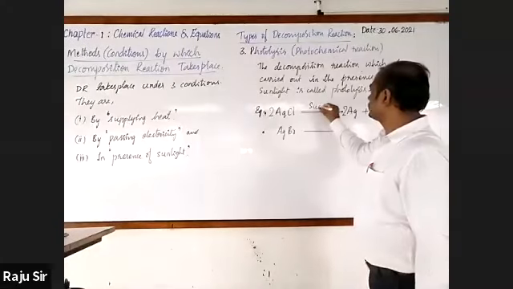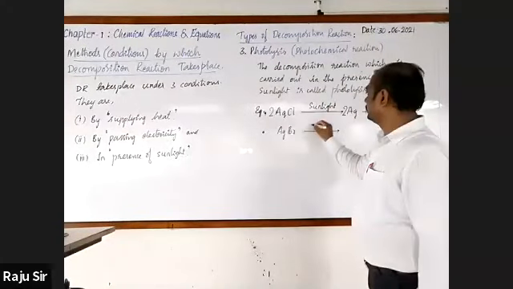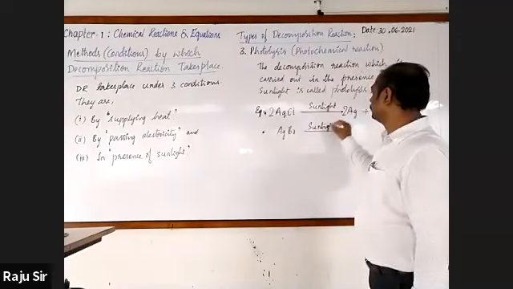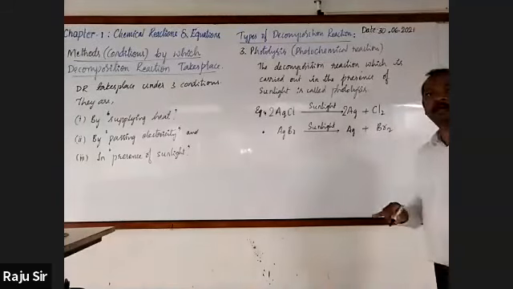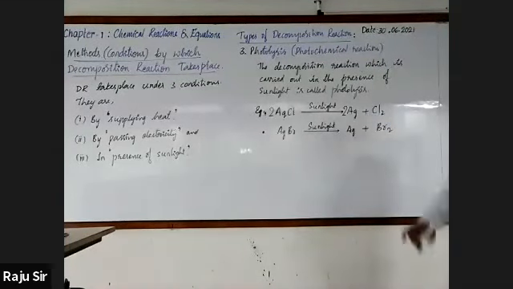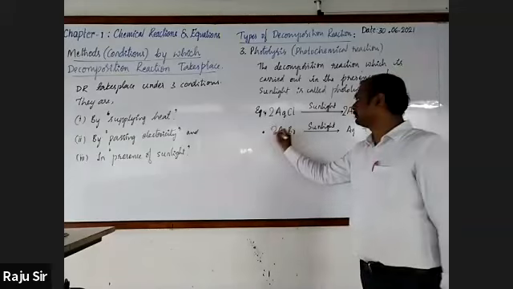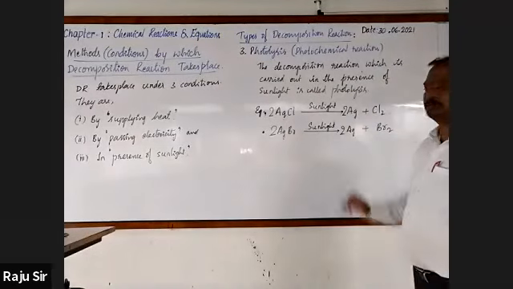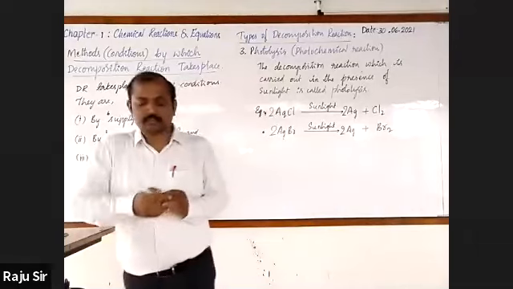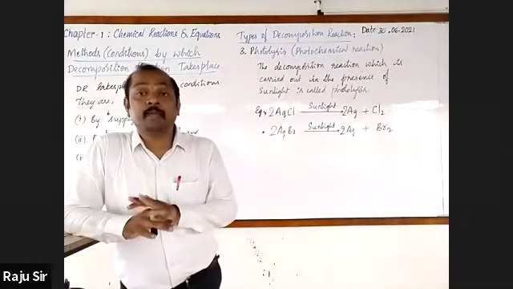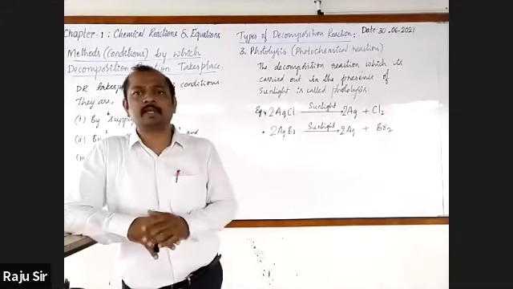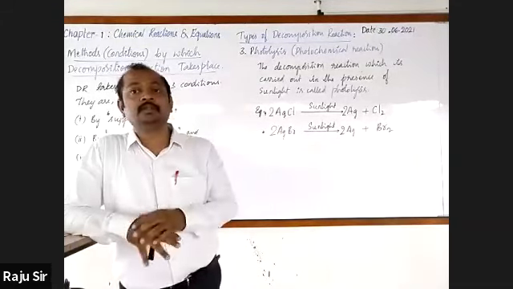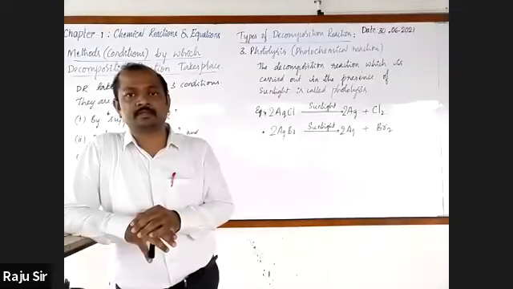In the presence of sunlight, it decomposes into silver and bromine. Balancing again, it is 2, here is 2. These reactions are used for black and white photography.